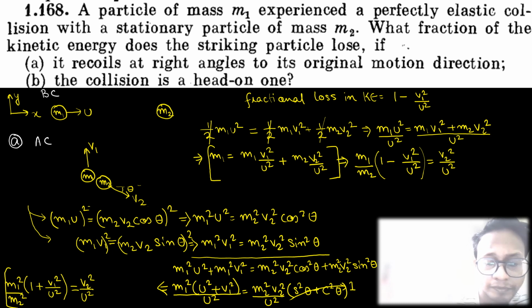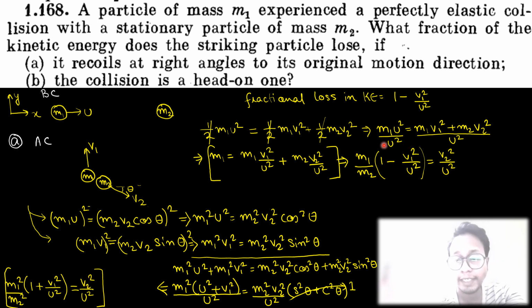Simple enough. Now from both these equations, I do not need this term. So can I equate v2 square by u square to v2 square by u square? This entire term would be equal to this entire term.